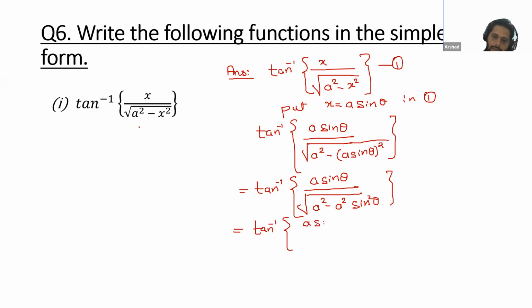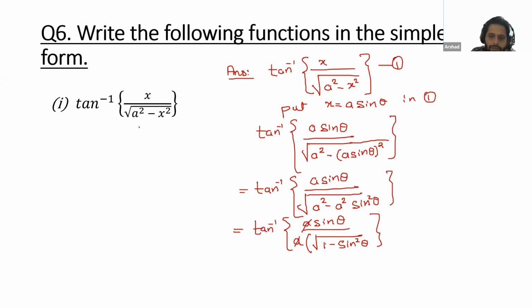Here we have a sine theta. And from this under root, if we take a square common, then outside the root we will get a. So here we will get under root 1 minus sine square theta. Now a will cancel out.